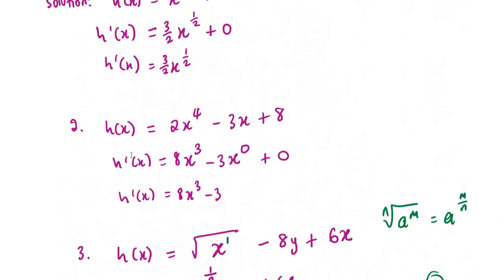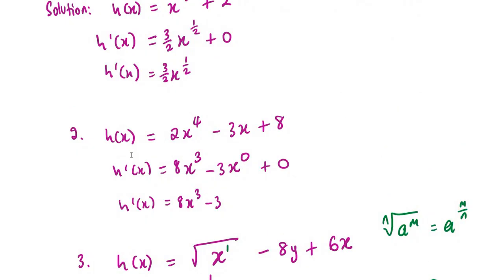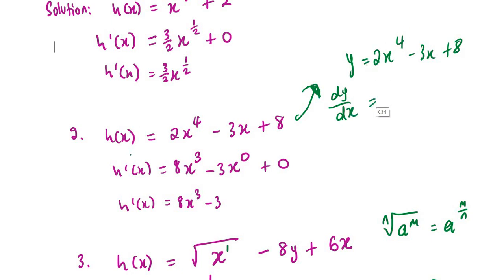You can even check the problems we did before. We can do them using that notation. For example, this problem here, we can write it as y is equal to 2x to the power 4 minus 3x plus 8. And then I can find dy over dx by simply saying 2 times 4 is what? Is 8, and then x, 4 minus 1 is 3. 3 times 1 is going to be negative 3, and then 1 minus 1 is going to be 0.